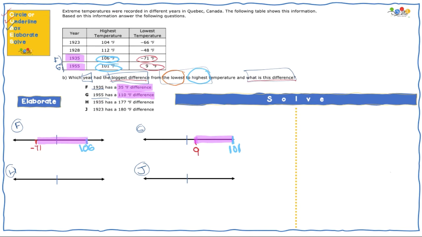Now we're going to look at choice H. For choice H, we have 1935, and we already did 1935. So for choice H, we're going to look at whatever work we got for F. So I'm going to look at these two. And for choice J, it says 1923, just this one here, and it says the difference was 180.